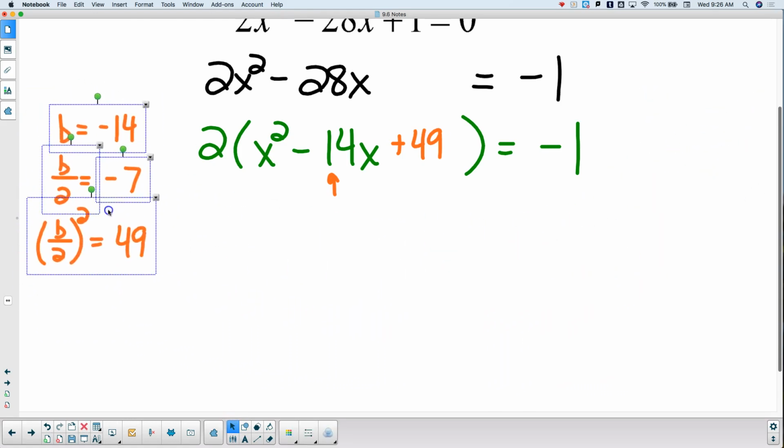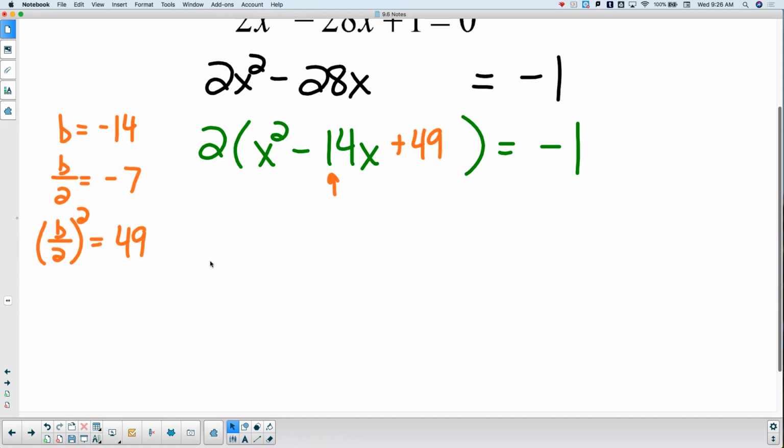What do I have to add to the right side to rebalance my equation? Why is it 98? Because there's two 49s. This 49 right here has a 2 out in front of it. So really, by adding 49 in that space where we had to add it, we're adding 98.